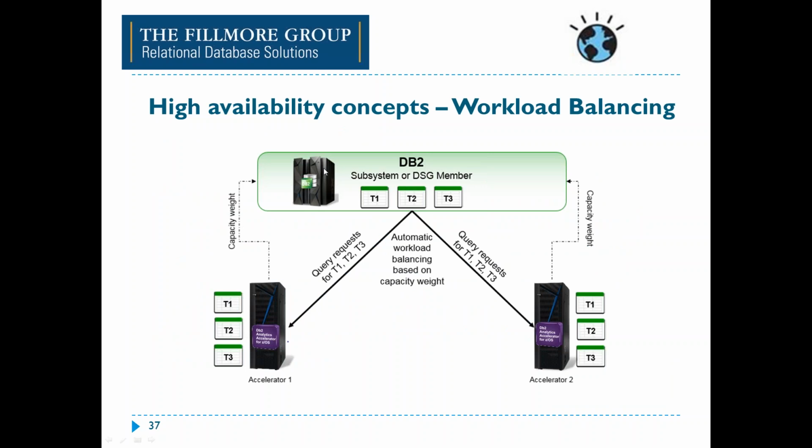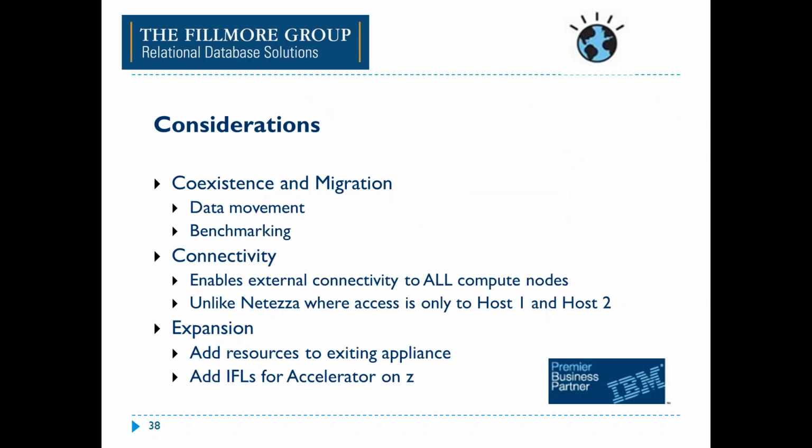So when it needs to route a query to an accelerator, it can do that based on availability, as long as tables 1, 2, and 3 that you see here are all on both accelerators. This is another advantage of the IDAA design: you don't have a single point of failure, and you can do workload balancing pretty much the same way you can with WebSphere applications accessing parallel sysplex Db2 for z/OS data sharing in a clustered environment.